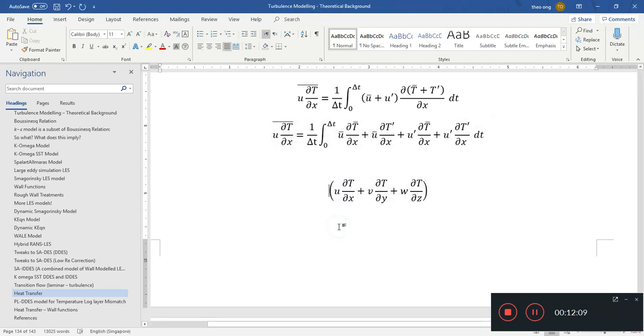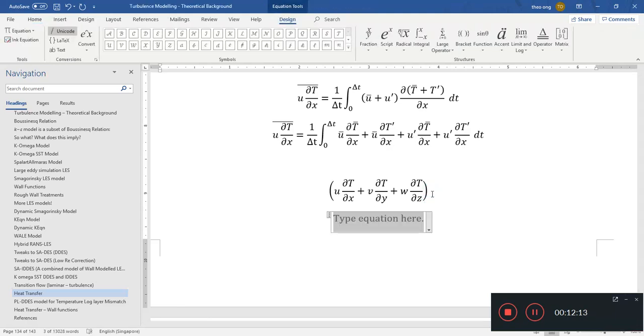We want to bring the differentials inside, the ut, vt and wt inside. Why I'm doing it, you'll find out shortly. It'll be a lot easier when we filter or average the equations like so.